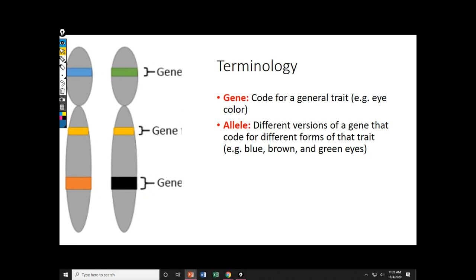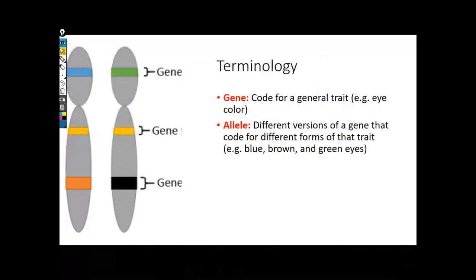Okay, so let's look at some terminology. I'm going to pretend to flip this to the other side. So we've been using the word gene for quite some time. But at this stage, we want to make sure that we're using it absolutely correctly and with confidence.